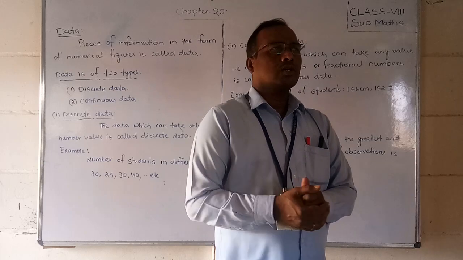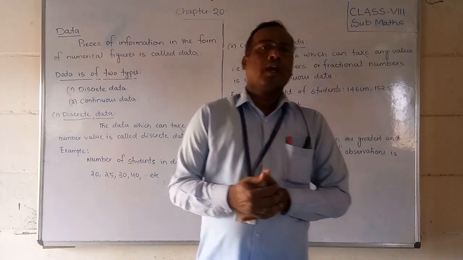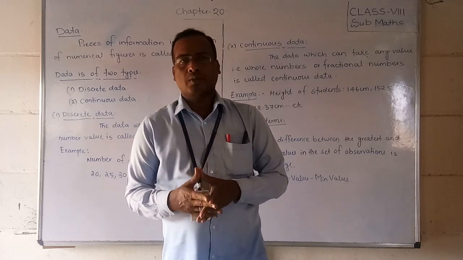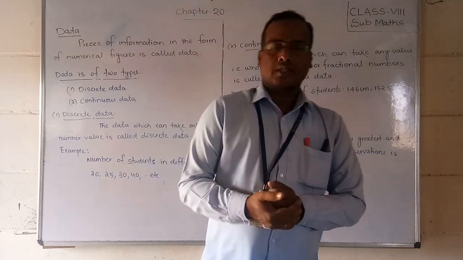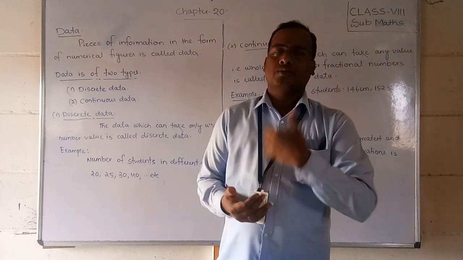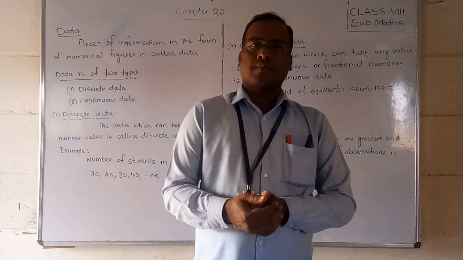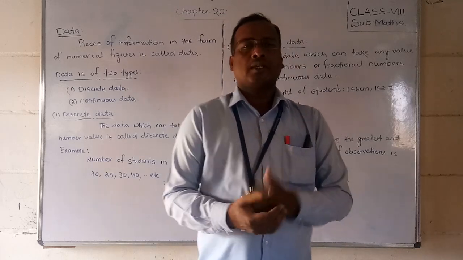Okay, so these are generally the data collection types, but students, today we are going to discuss another type of data. According to the organization of the data, data is generally of two types. One is discrete data, another is continuous data. What is discrete data?